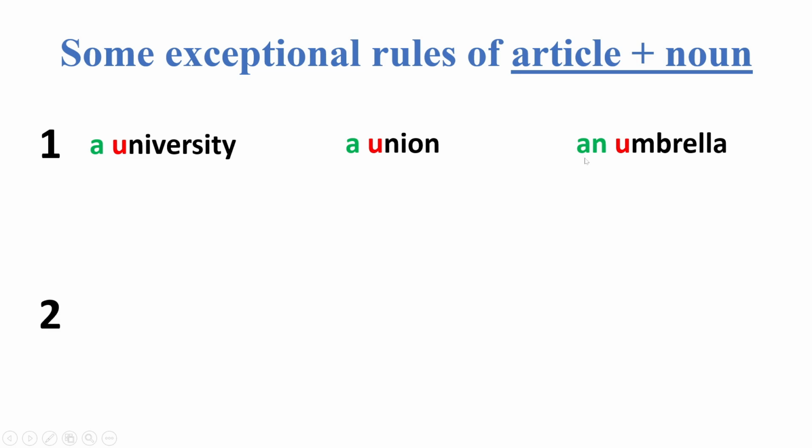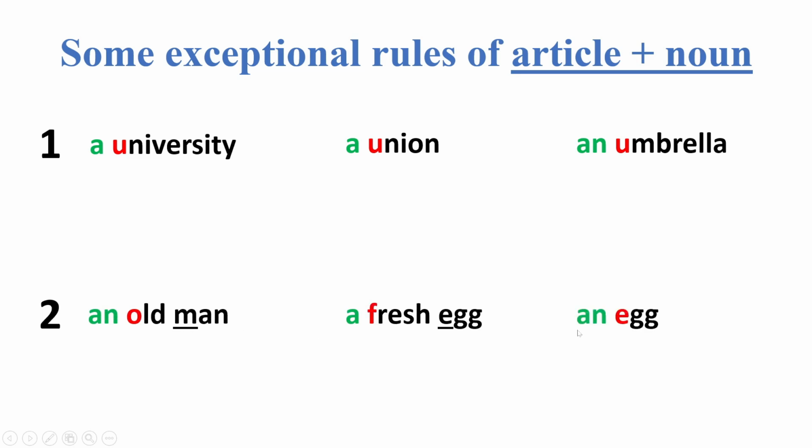The next one, number 2. First, let's see the examples here. An old man, a fresh egg, an egg. If we have an adjective before the noun, like in this example, old man, we choose the article according to the first letter of the adjective, not the first letter of the noun.